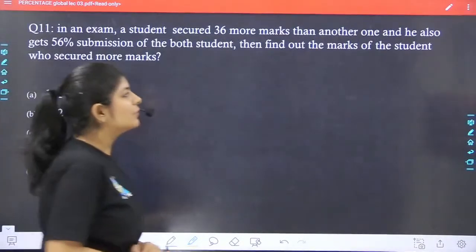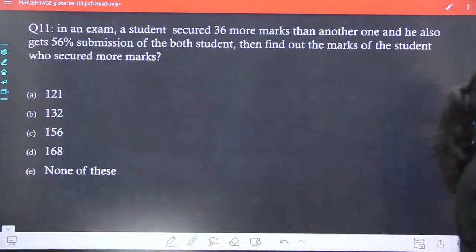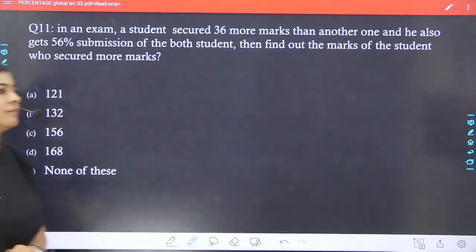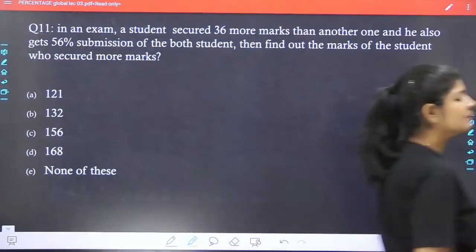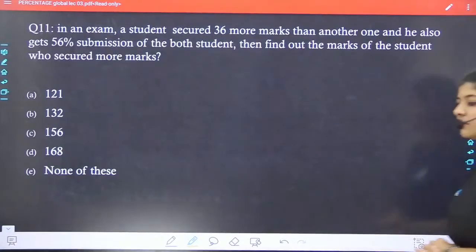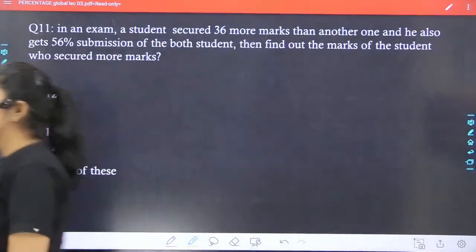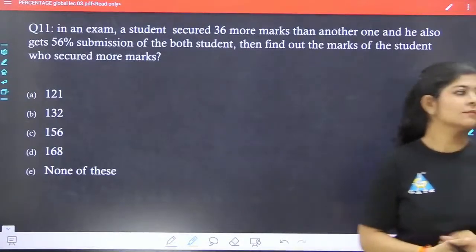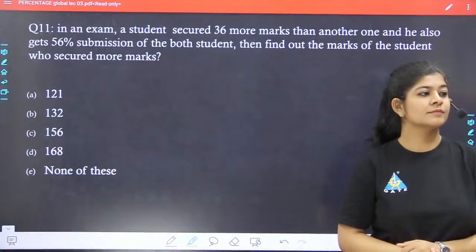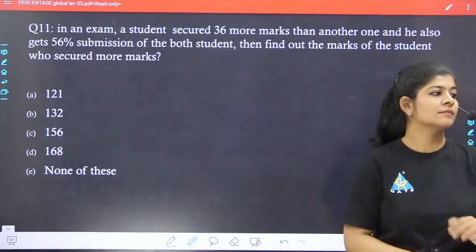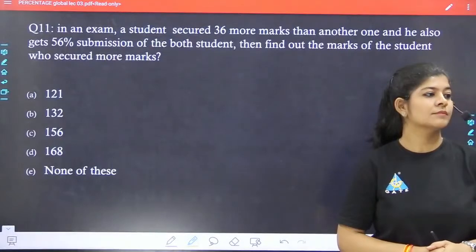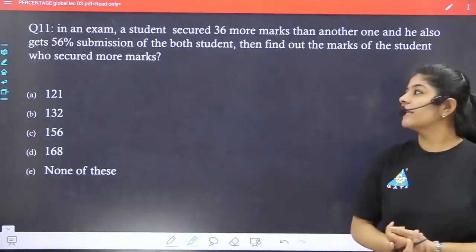What we have to do is calculate the marks of the student who secured more marks. How do we calculate this?